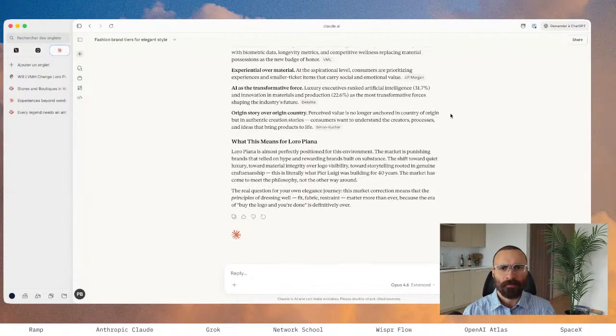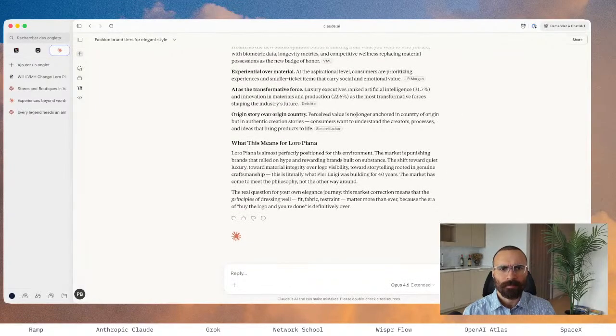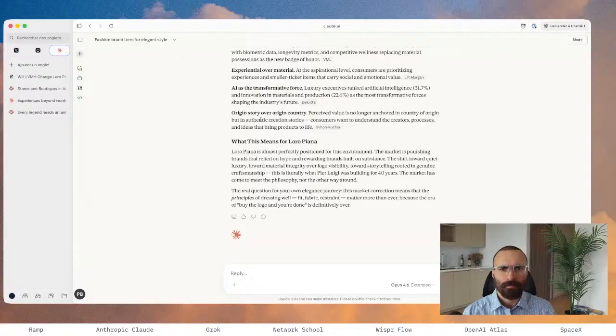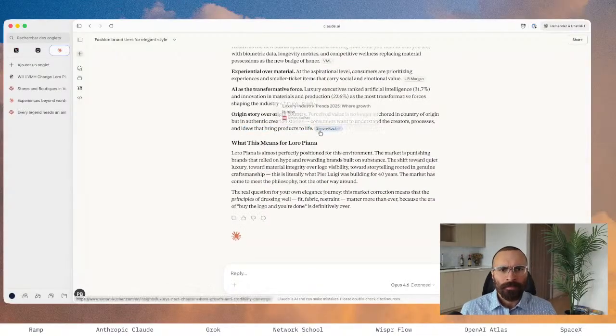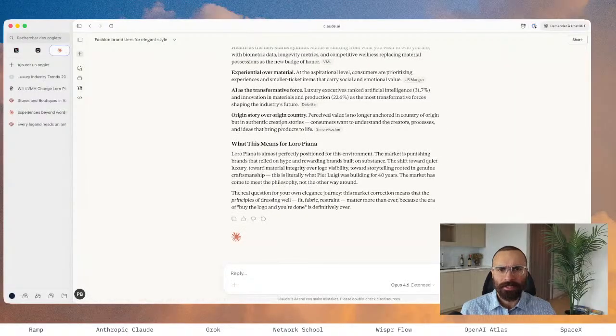AI as a transformative force: AI and innovation in material production as the most transformative forces shaping the industry's future. Origin story over origin country. Authentic creation stories. Wow. Consumers want to understand the creators, processes, and ideas that bring products to life.